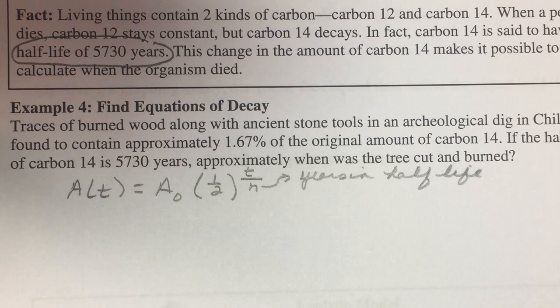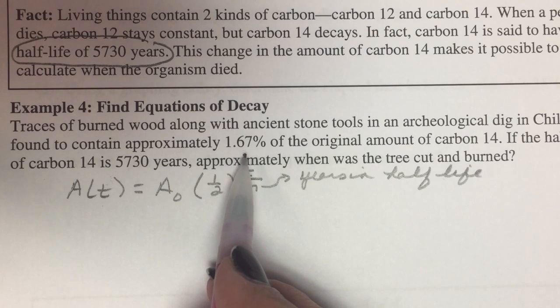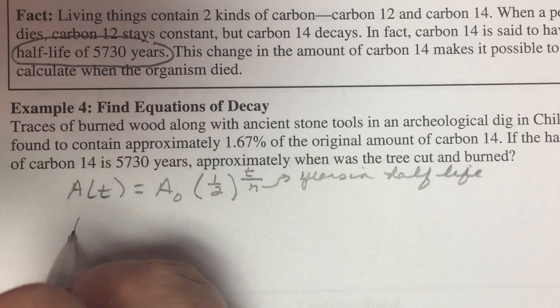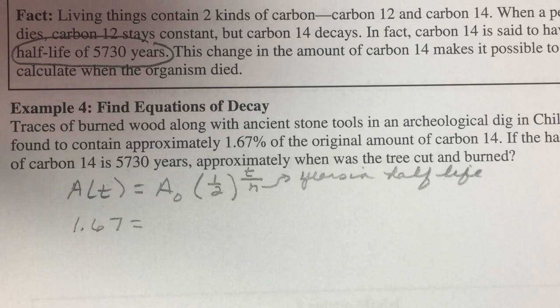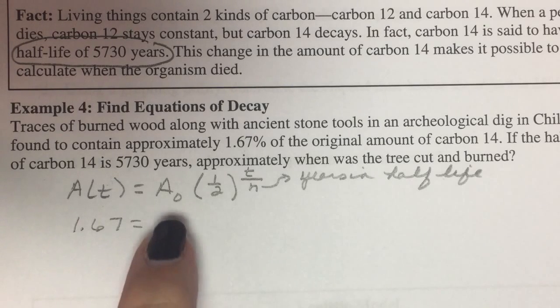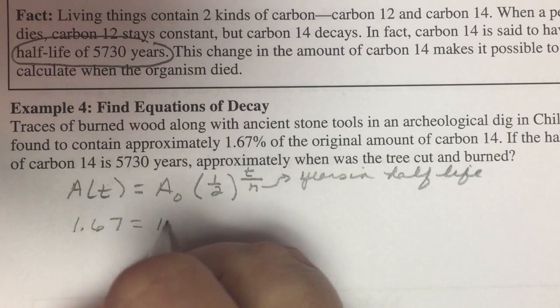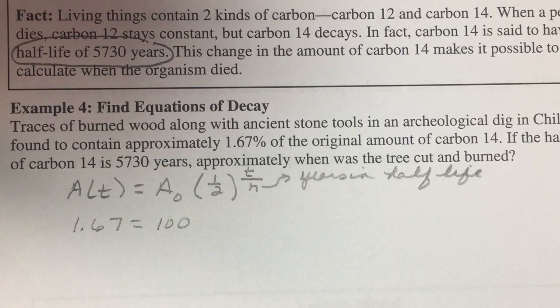We know that after a certain amount of time, there's 1.67% left. So we're going to use 1.67 as our A of t. That's the amount left. Well, how much is left at the very beginning? Our A sub 0 is going to be 100% because it started off as 100%, and we want to know how long it will take to get down to 1.67%.